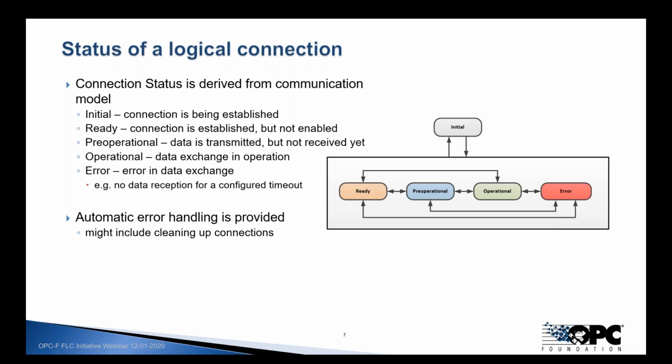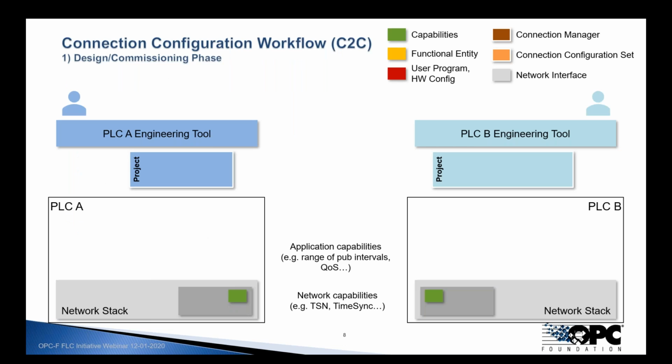So how do we set up the connection? That is actually the role of a connection manager, going through the connection configuration workflow. Consider that we have two engineers, one here and a second one here. Both are using controllers or PLCs, name it as you want, for some purpose.